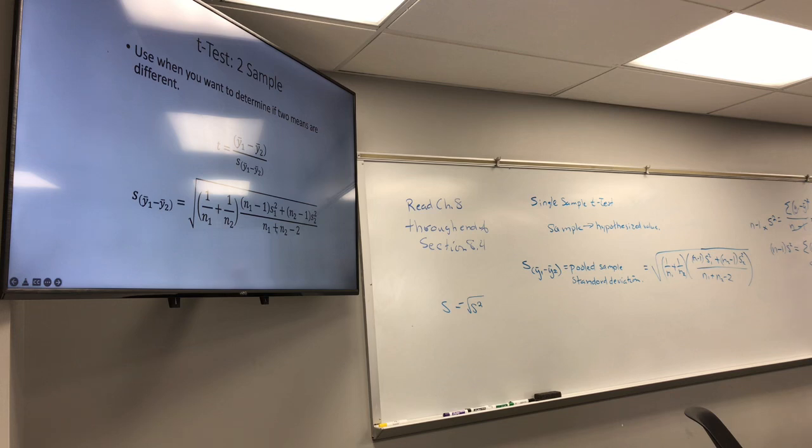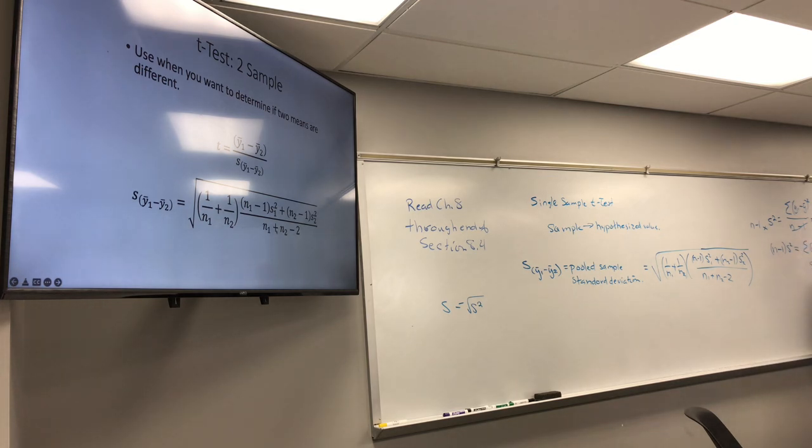Now, by doing that, you have the sums of the squared deviations of sample 1 plus the sum of the squared deviations of sample 2 divided by the combined degrees of freedom.